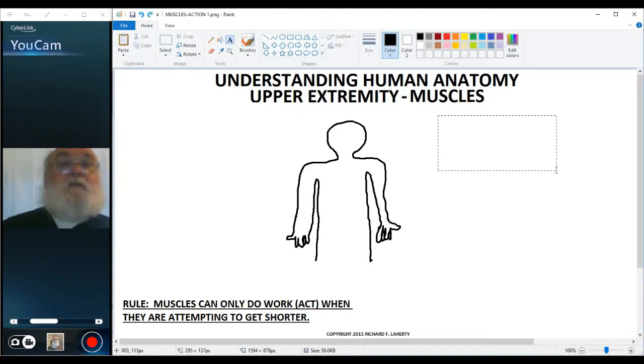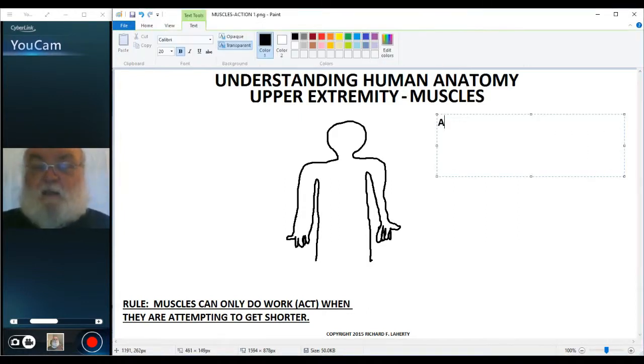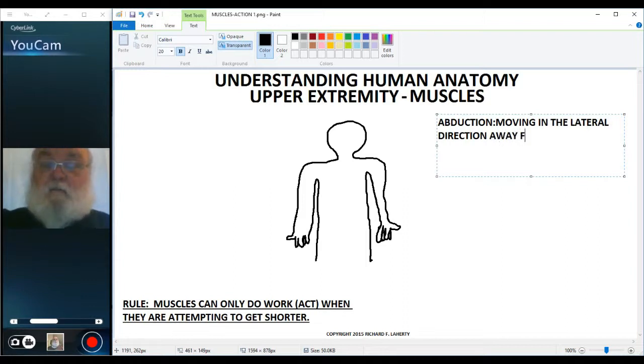Abduction is defined as moving in the lateral plane or lateral direction away from the midline.